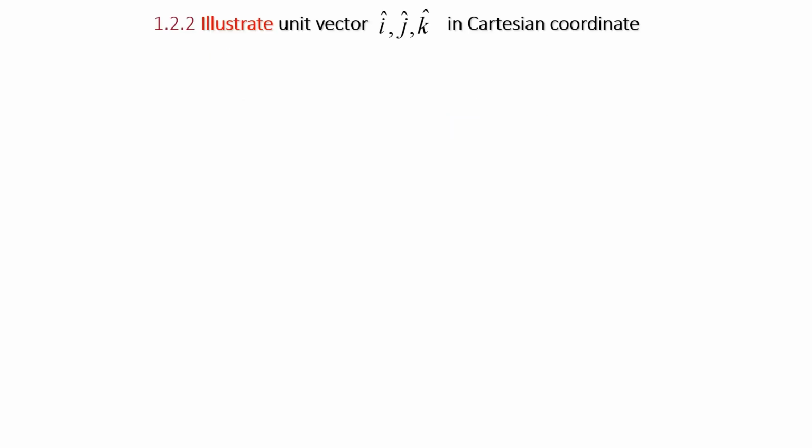1.2.2 Illustrate unit vector i hat, j hat, and k hat in Cartesian coordinate. 1.2.2.1 Unit vector. A unit vector has no unit.